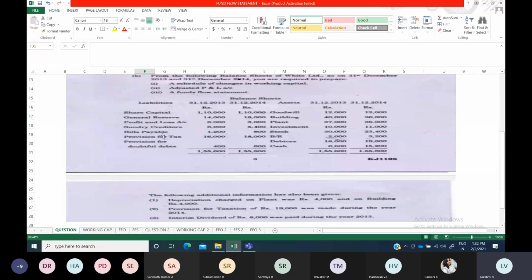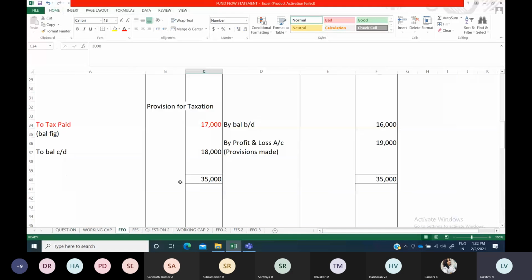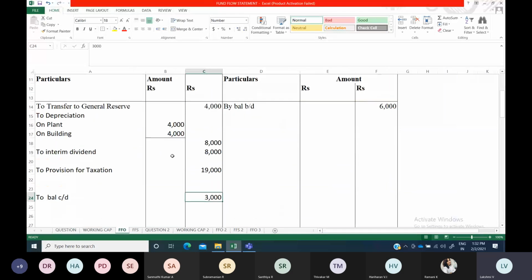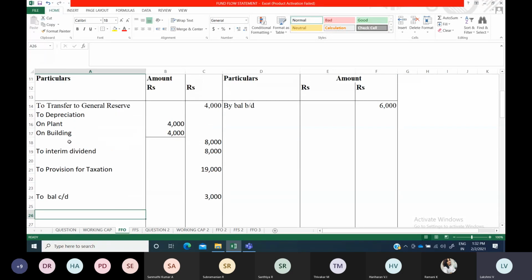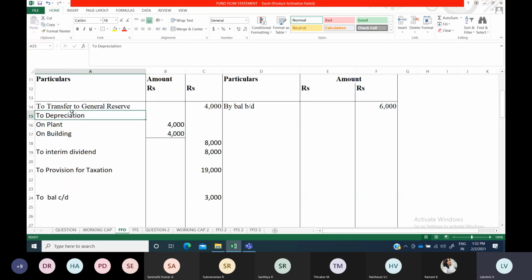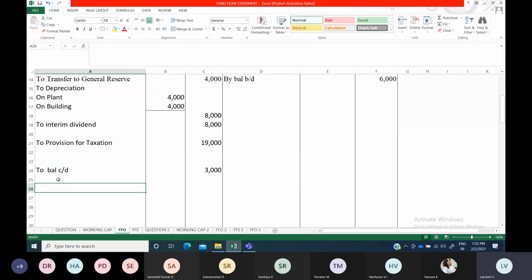And then profit and loss account opening and closing balance. For that purpose only I said, you leave some space here and just mention your closing balance after that. So you will get an idea how much space is required based upon the items here. Based upon that, you leave some space and you have to mention the closing balance.